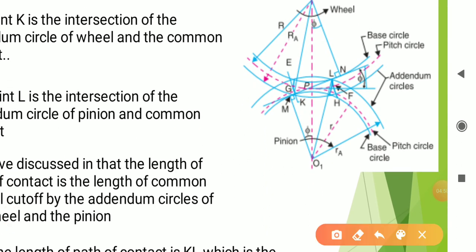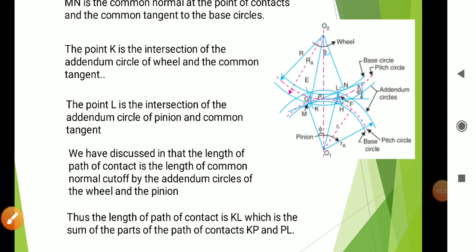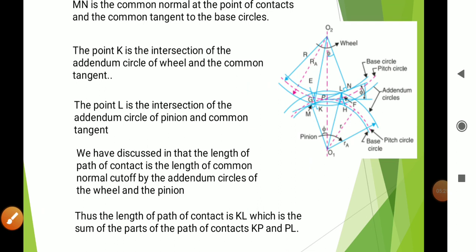KP is the path of approach, and PL is the path of recess. The addition of path of approach and path of recess is the length of path of contact. So we are going to derive this equation.